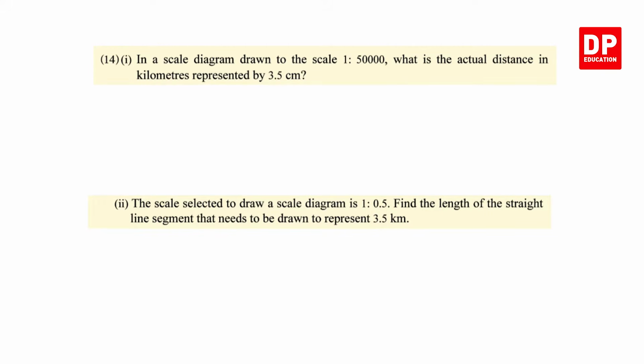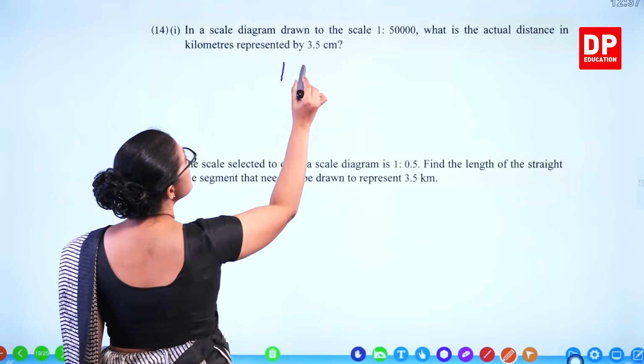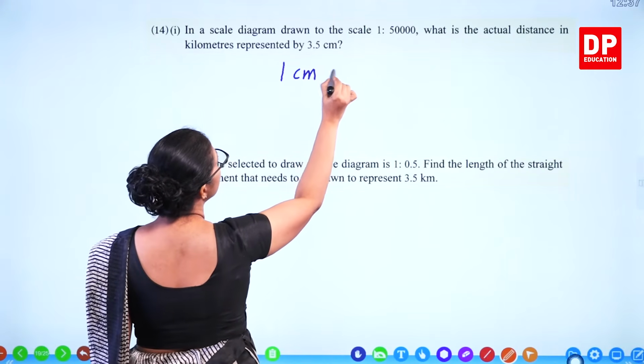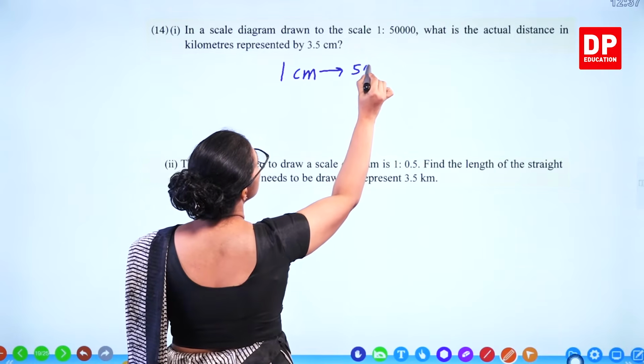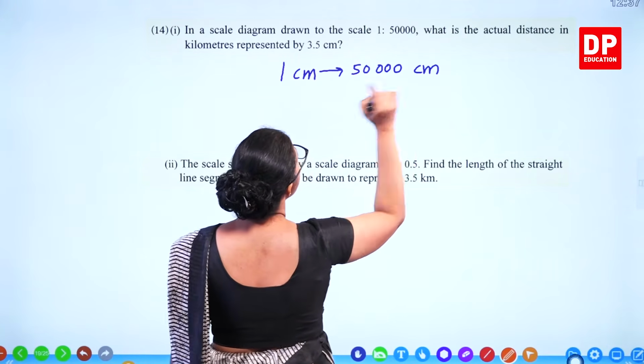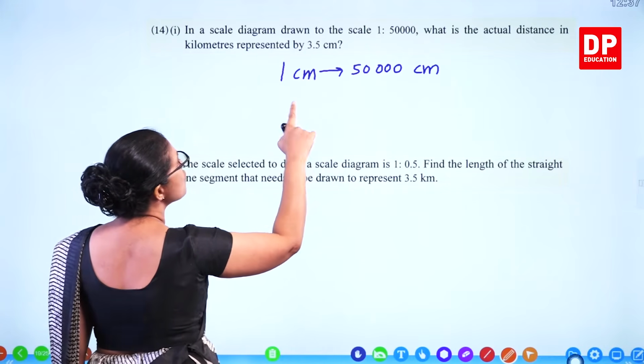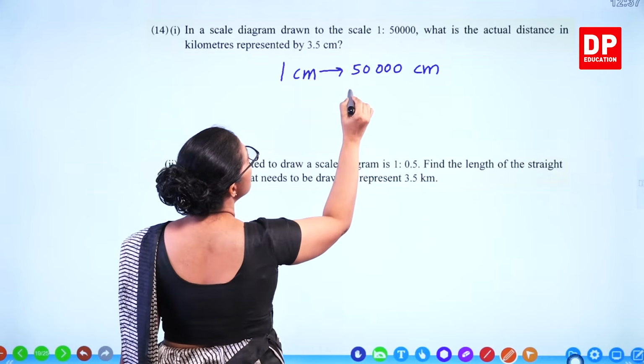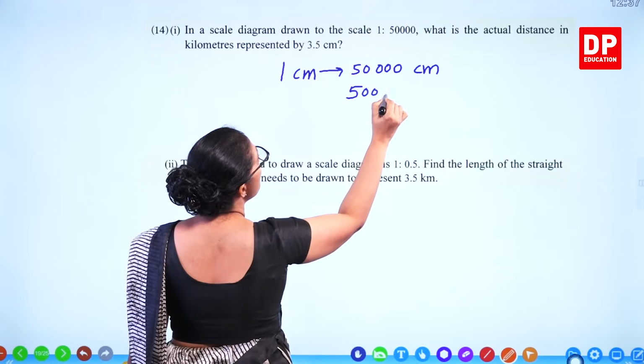In a scale diagram drawn to the scale 1 to 50,000, what is the actual distance in kilometers represented by 3.5 centimeters? 1 centimeter represents 50,000 centimeters. Now you need kilometers. So divide by 100, that's 500 meters.